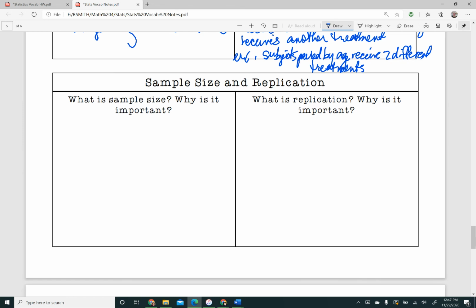All right, sample size and replication. What is sample size and why is it important? Sample size is the number of subjects.